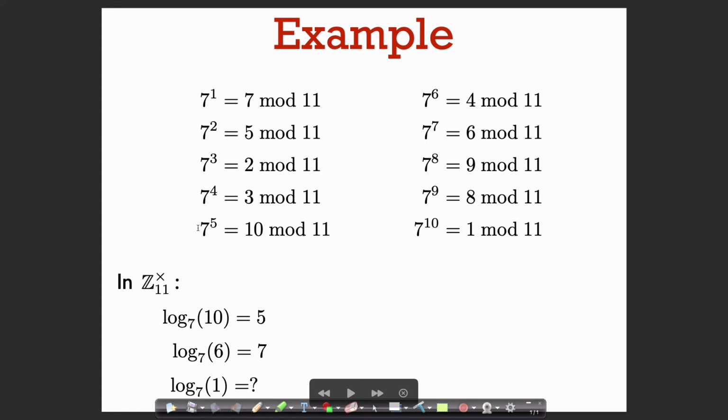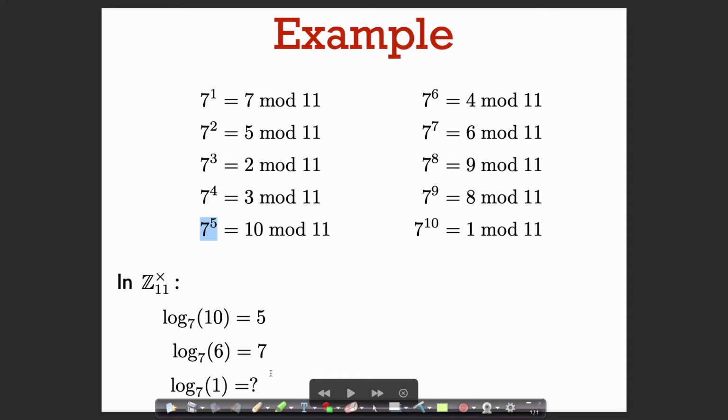Well, we see here that 7 to the power 5 is equal to 10 modulo 11. Okay, so this log base 7 of 10 is 5. And log base 7 of 6, so what power of 7 is equal to 6? So we see here that 7 to the power 7 is congruent to 6 modulo 11. Okay, so the log base 7 of 6 is 7.